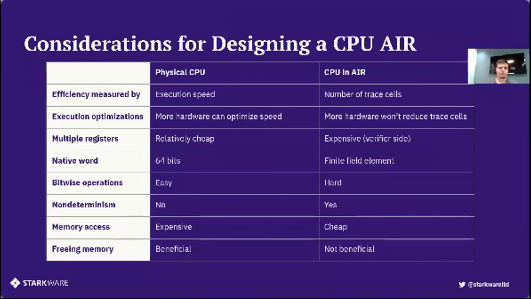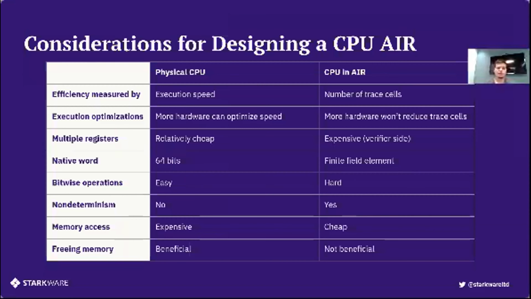Whereas in physical CPUs, adding more hardware on the chip can lead to better times, like branch prediction and caching, in AIR it's not really equivalent. When you add things, you add trace cells by definition. So we do not want to add trace cells. We want to keep the architecture as simple as possible, so we won't have a lot of trace cells.